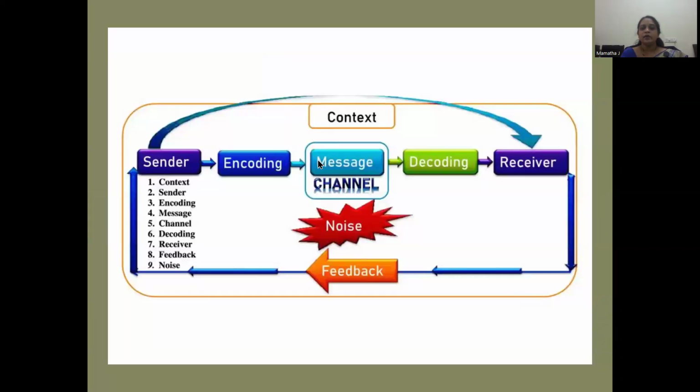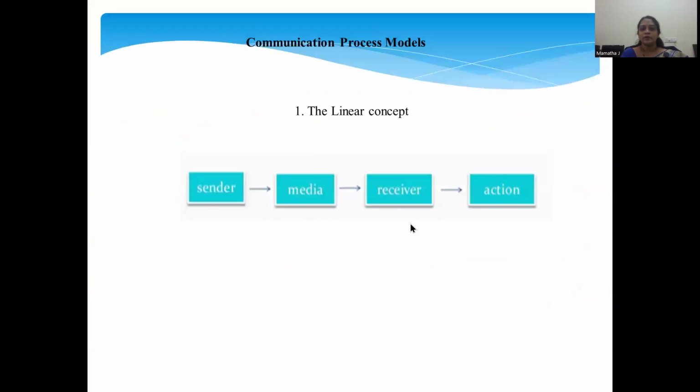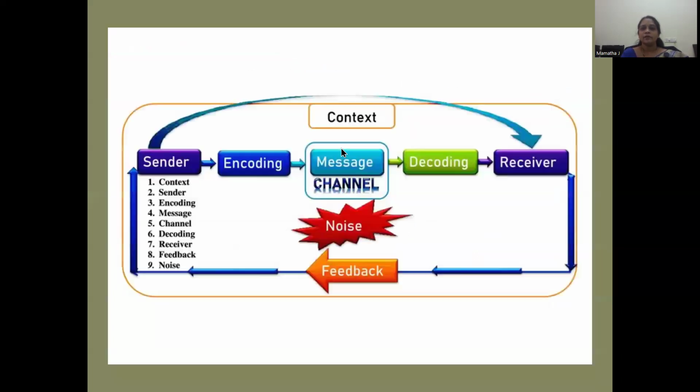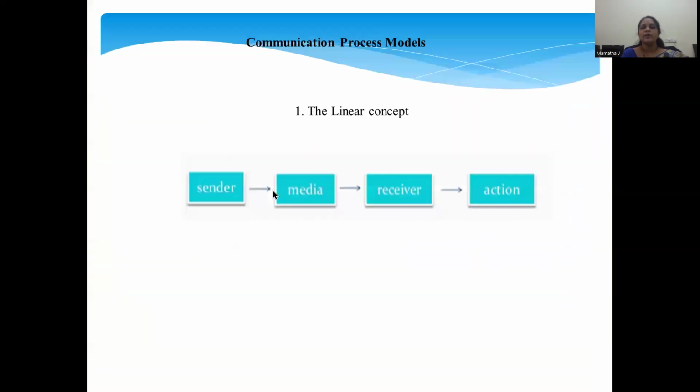So there are three models which need to be discussed as per the syllabus. The first model is the two-way communication process model, or we can say the basic model. What we say is the Shannon-Weaver model. This is about the elements of communication we discussed now. This is the first model developed about the communication process, called the linear concept model.